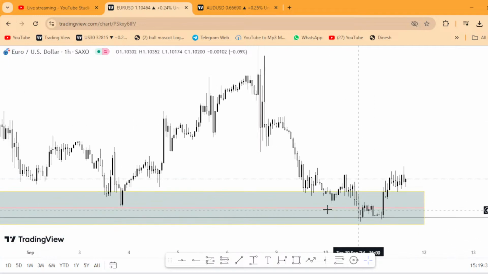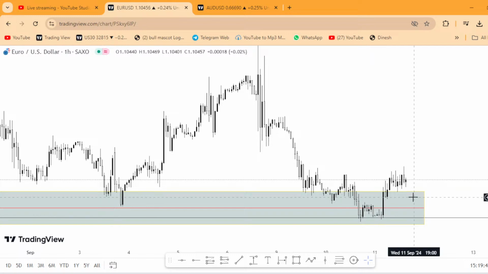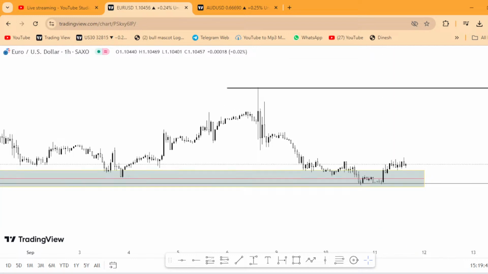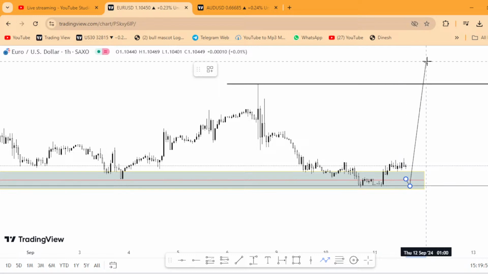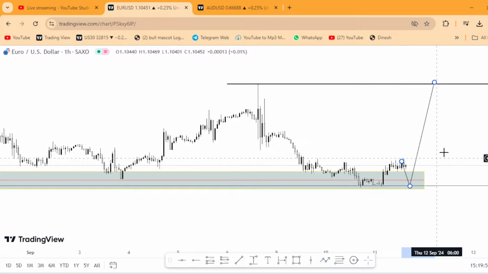So you didn't expect that if price comes back here, you will be taken out, right? Either chances might be given that price reacts from this zone or pushes away from that zone.